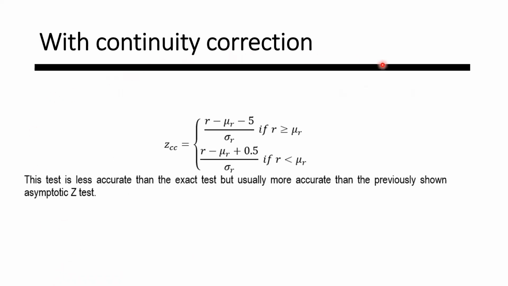With continuity correction, the Z is equivalent to R minus the mean of R minus 0.5 all over the standard deviation of R if the value of R is greater than or equal to the mean of R. R minus the mean of R plus 0.5 all over the standard deviation of R if R is less than the mean of R. This test is less accurate than the exact test, but usually more accurate than the previously shown asymptotic z-test.